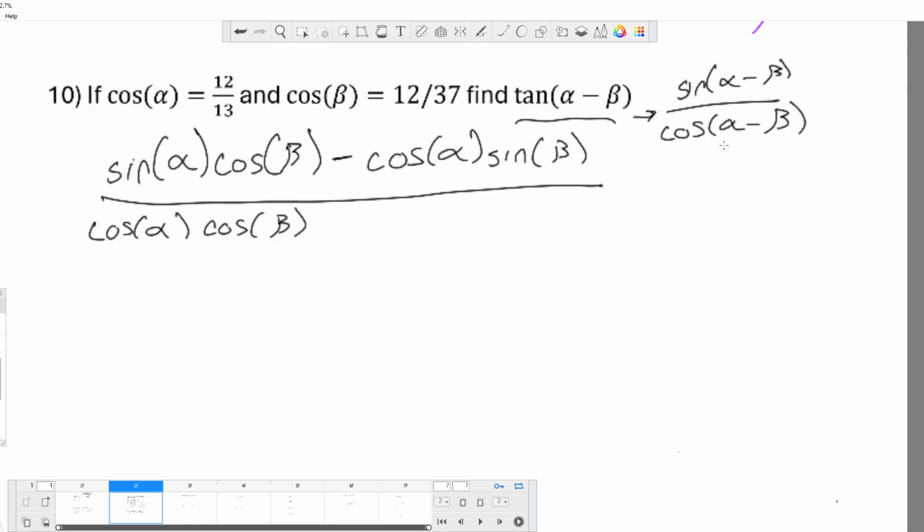And then this is minus, the cosine formula is the opposite sign. Sine of alpha, sine of beta.